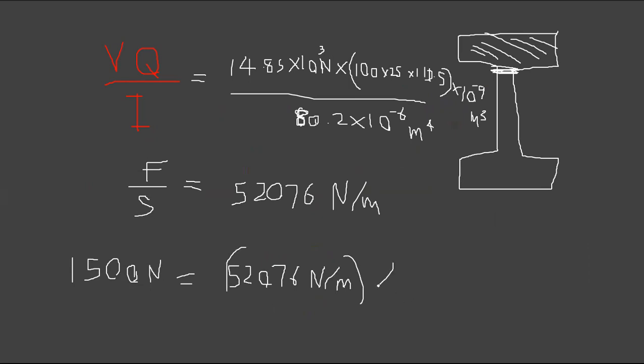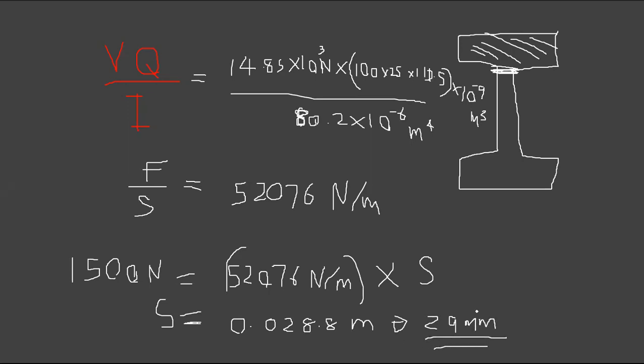I'll multiply this by this, so you need to find S. S is given by 1015 divided by 52.6. So that's going to be 0.0428 meters, so it's giving you, let's say, 29 millimeters.